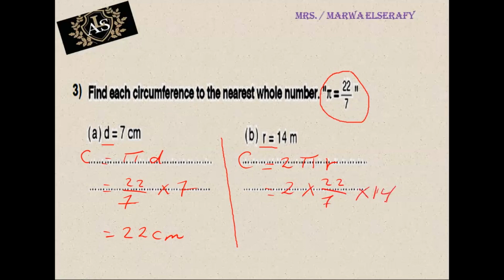Yes, r equals 14. 14 divided by 7 equals 2, 2 times 2 equals 4, 4 times 22 equals 88 centimeter. Be careful with the rule. In here I use the rule of the diameter, and in here I use the rule of the radius.